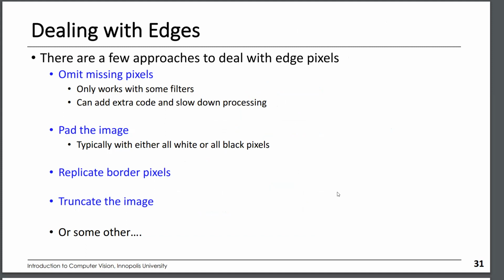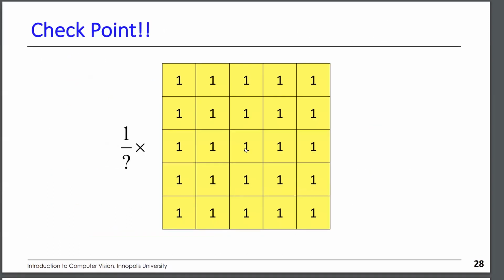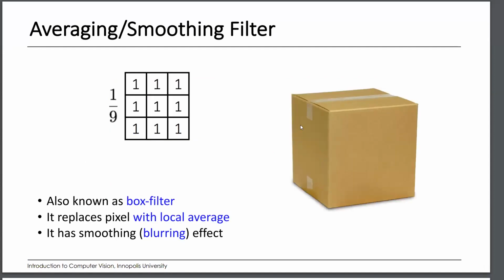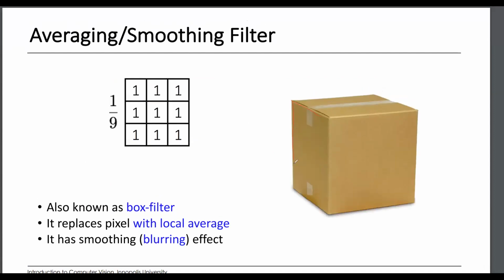How to deal with the edges? There are a few approaches to deal with edge pixels. I'm not speaking about what I was saying before, the edge of the box. We are speaking about the edge of the image.